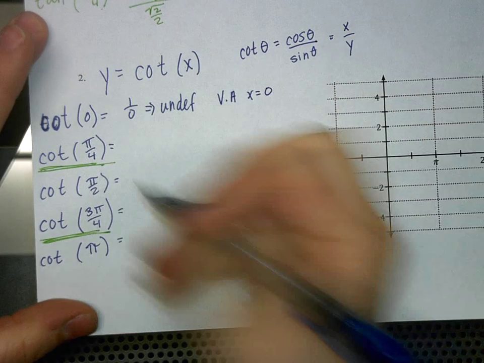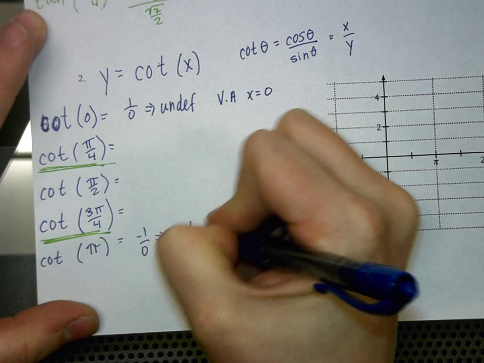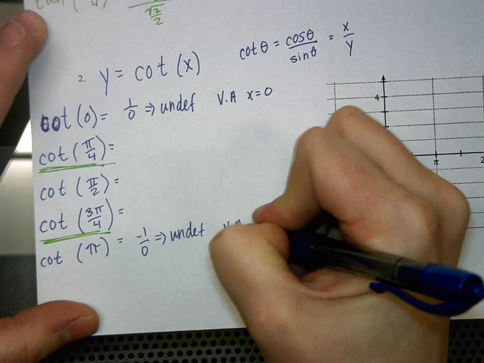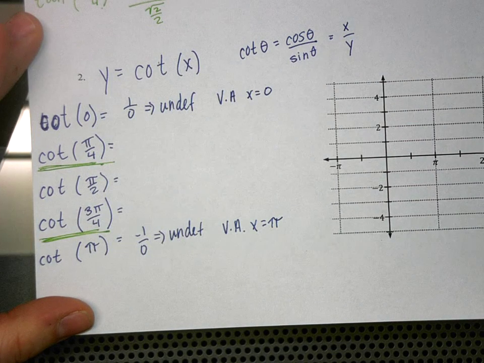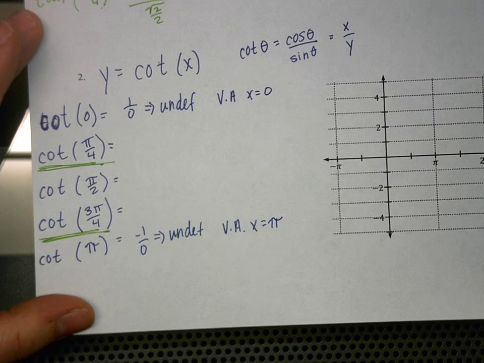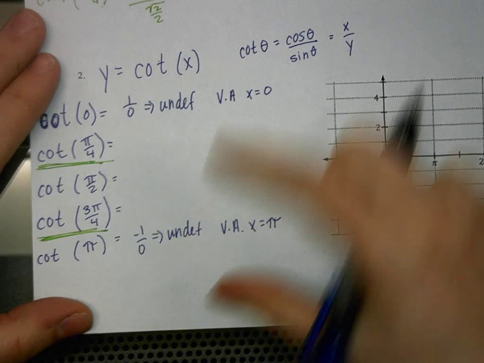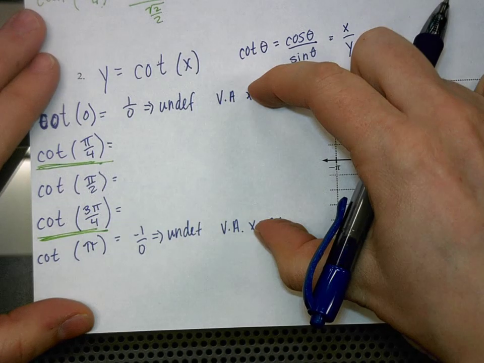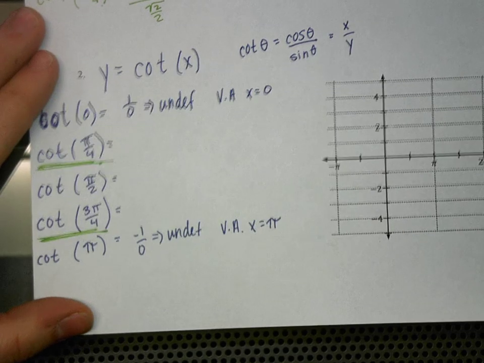So pi is negative 1 over 0, which is undefined. So I have a vertical asymptote at x equals pi as well. And then all these in between are going to give me values. These are just more spaced out because we're doing eighth turns around the circle as well.